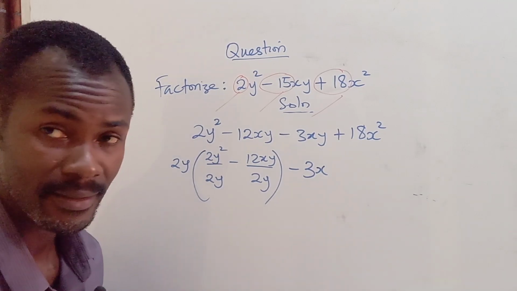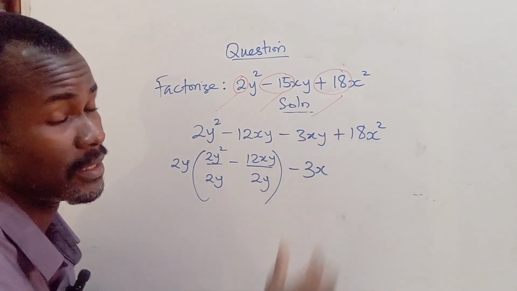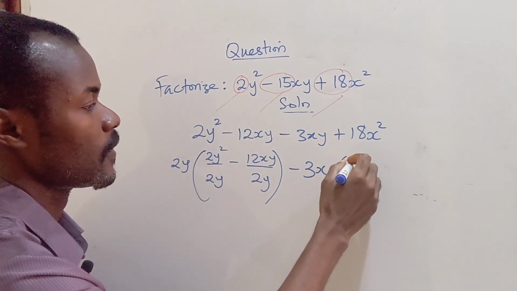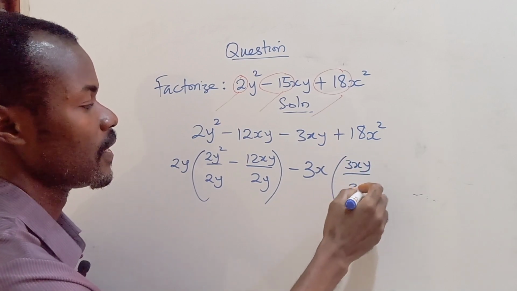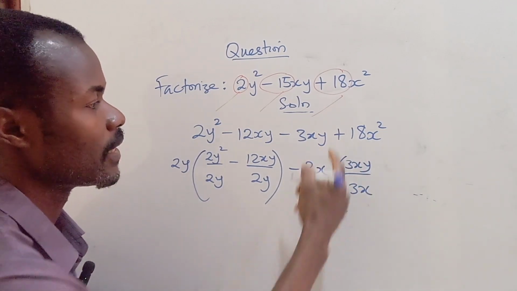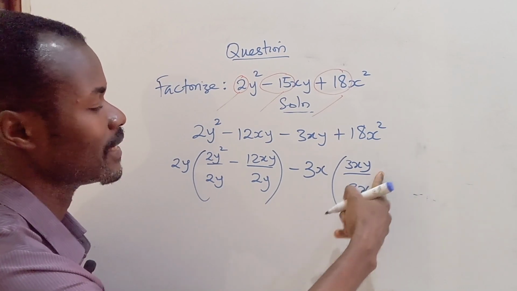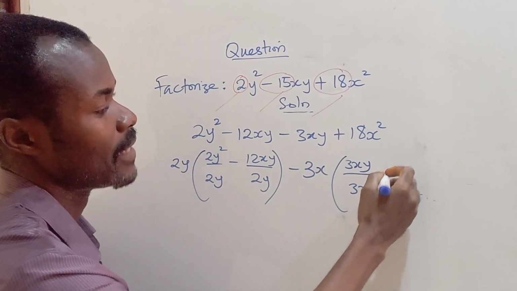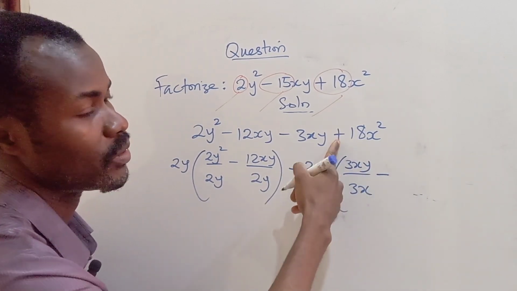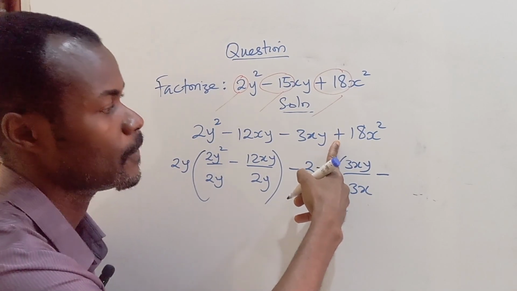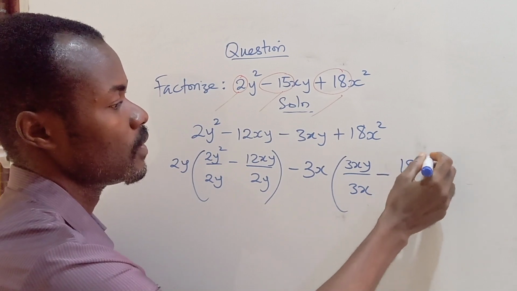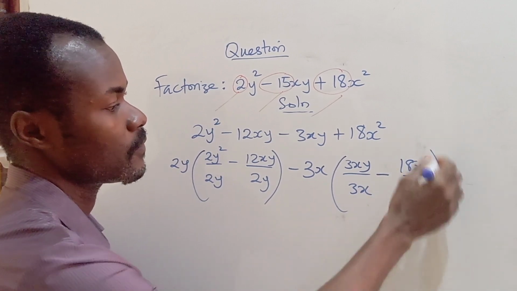So we have 3x to factor out of these two terms. We divide by 3x. Here we have a minus, so this sign will also be minus, because minus times minus gives a plus. So we have 18x squared divided by 3x.